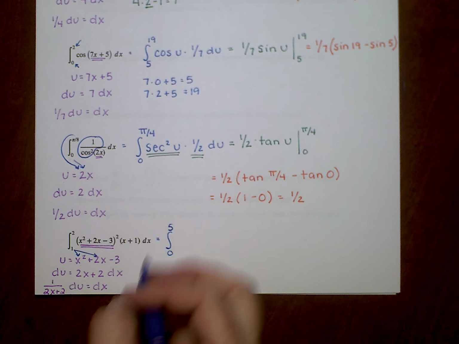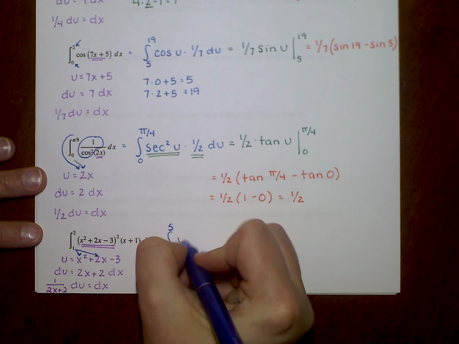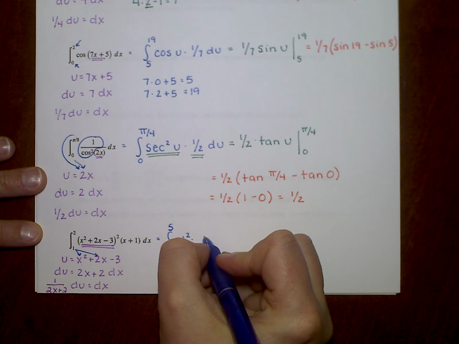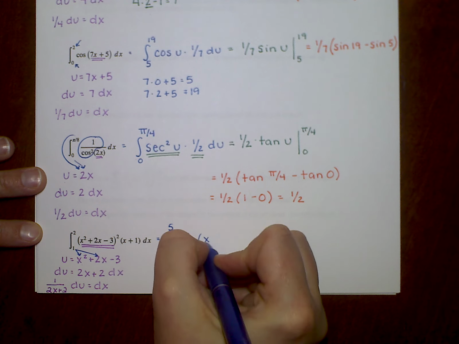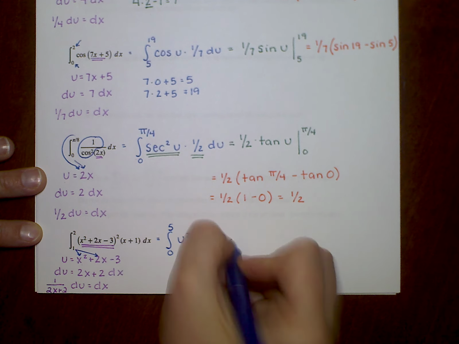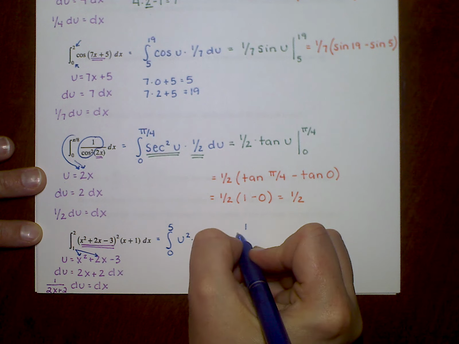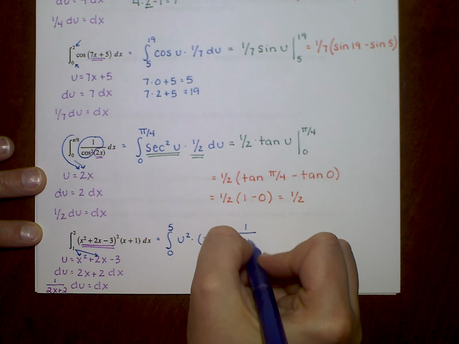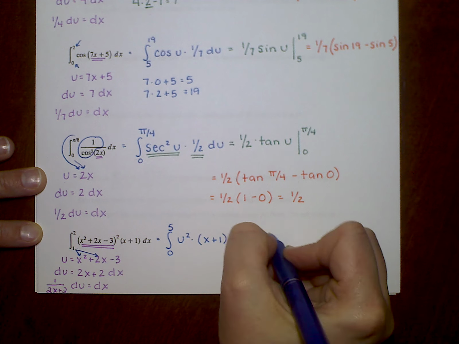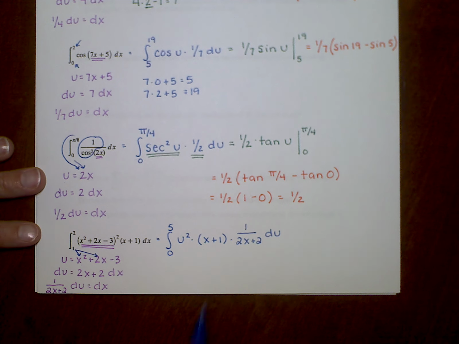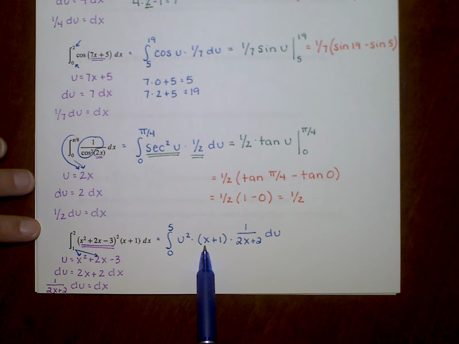Okay, and now I have u squared times this x plus 1 times this 1 over 2x plus 2 du. Well, the whole point of doing this was to get rid of my x's. So I need to think about how I can get this x plus 1 to cancel.